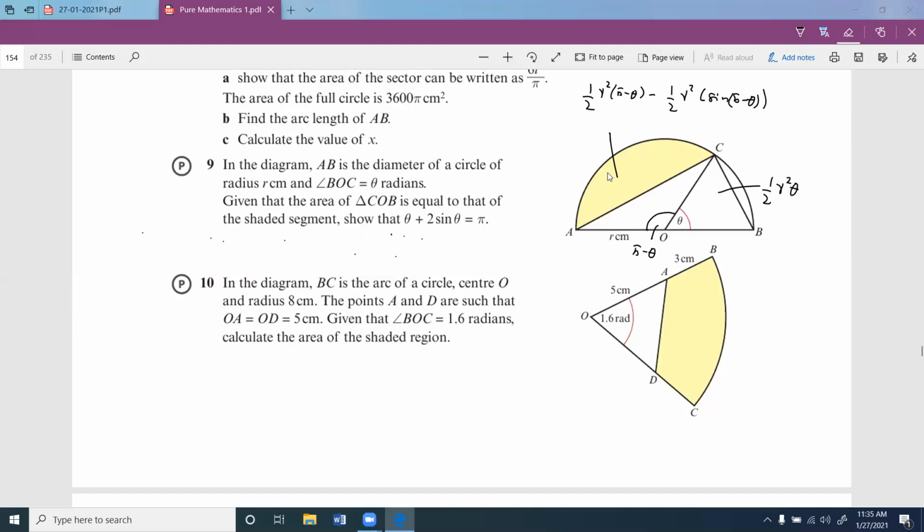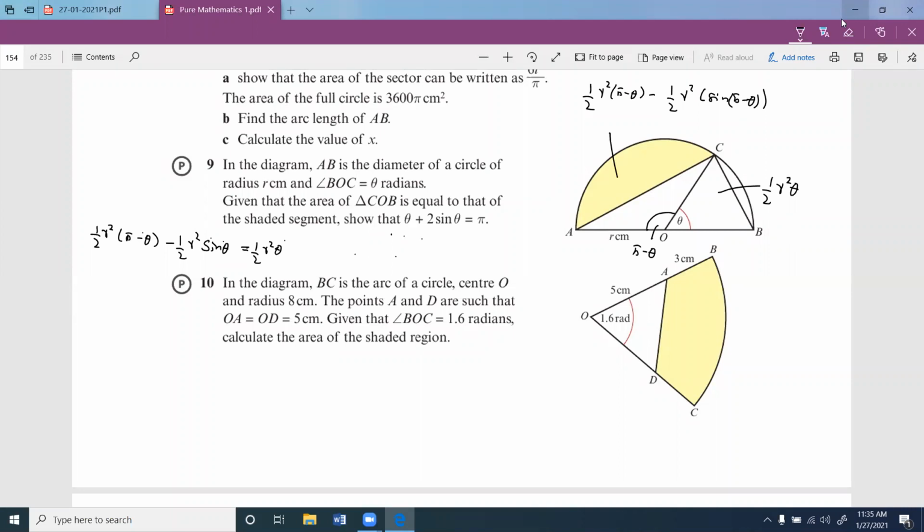Then it turns into half r squared (pi minus theta) minus half r squared sine theta is equal to half r squared theta. That's what they mentioned.